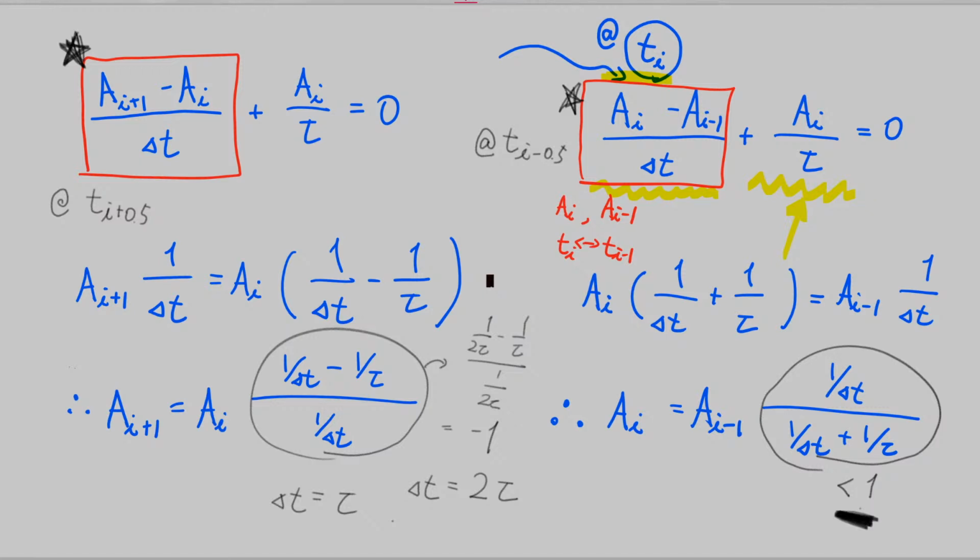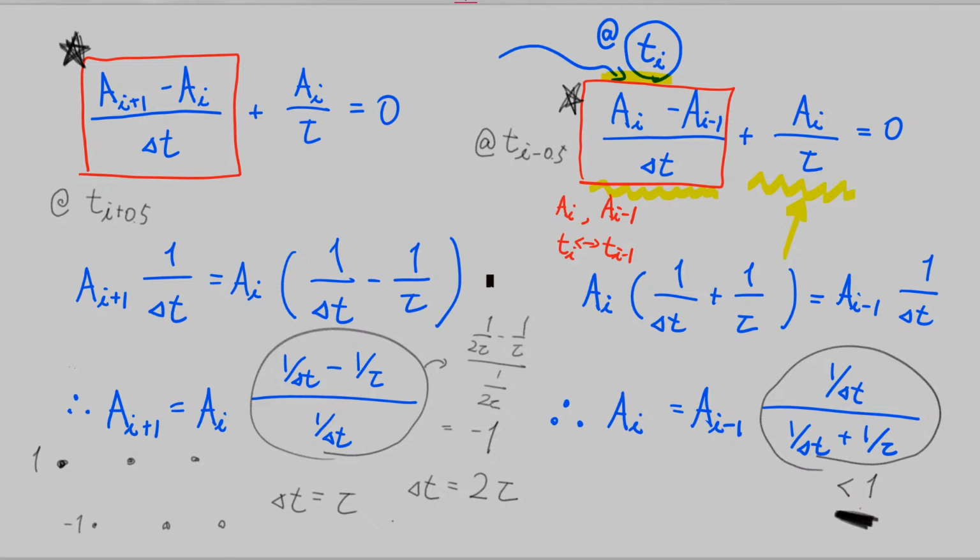So what will happen? With a reduction factor of minus 1, if you start from 1, then your next step will be minus 1, and your next step will be 1 once again. That will be your discretized solution.